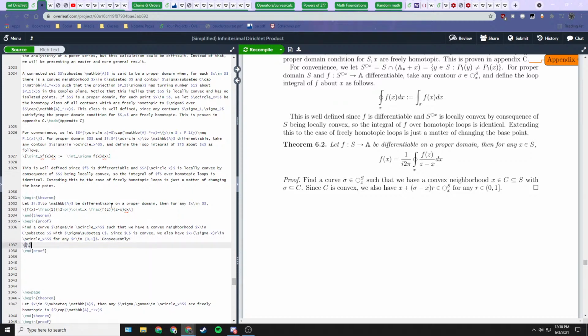So that means we have this integral about the point x of this fraction f of z over z minus x, dz.